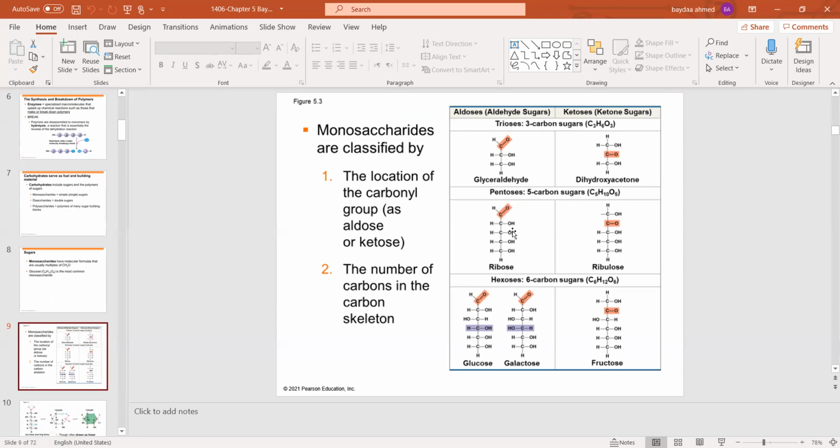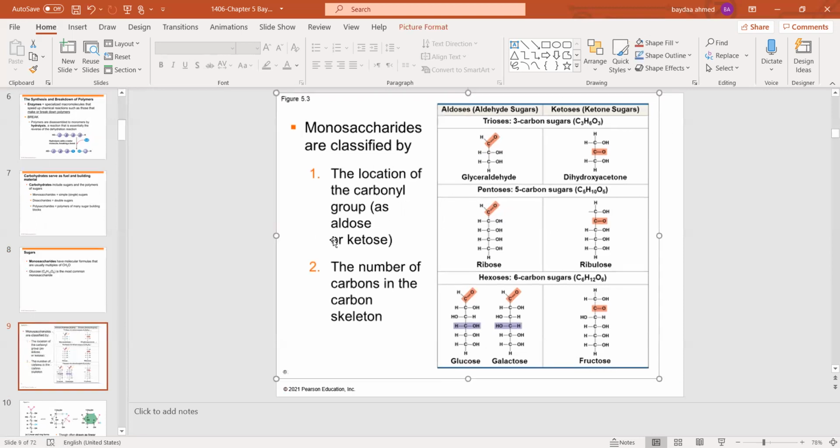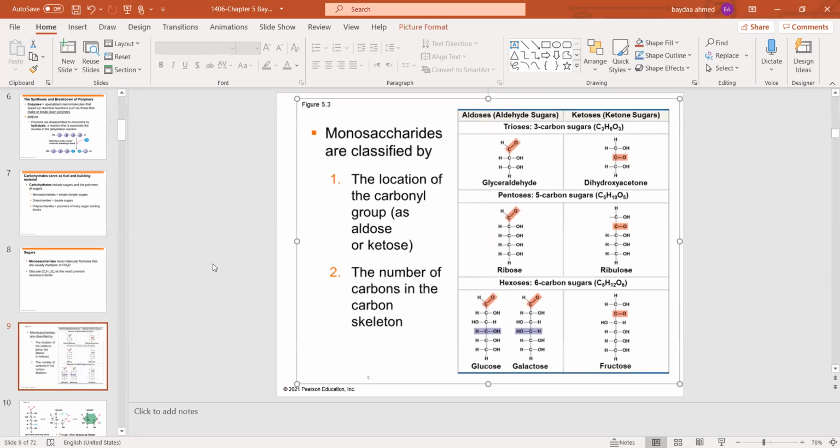These two are the most important trademarks for any sugar. Any sugar contains two functional groups, a carbonyl group and many hydroxyl groups. Depending on the location of the carbonyl, we can classify or name the monosaccharides.